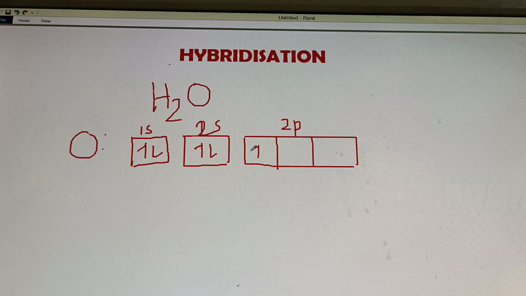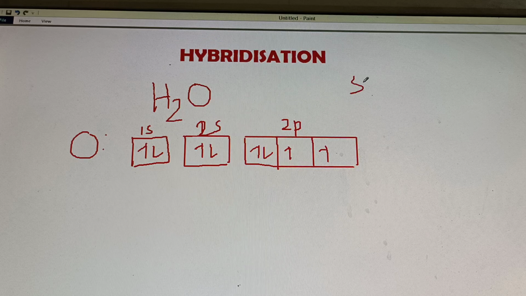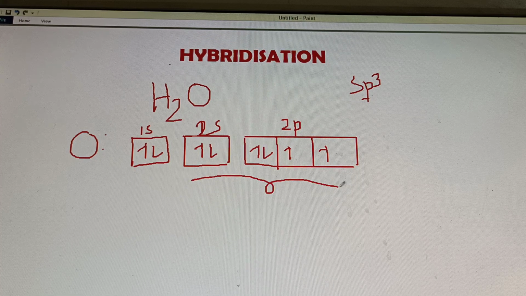2p4 means 1, 2, 3 and then 1 pairing. So this is the electronic configuration of oxygen. Now here sp3 hybridization will occur. One s will mix with three p orbitals.